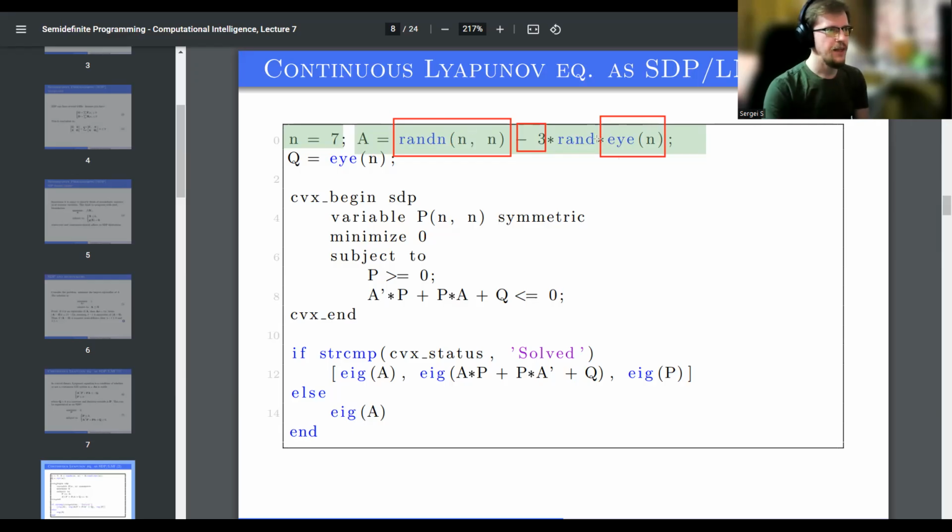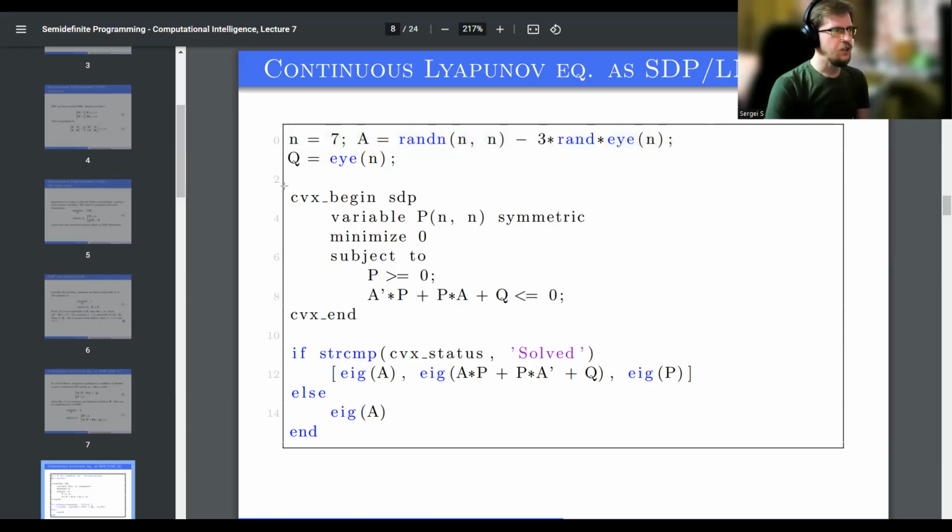And this randomness would make sure that sometimes this coefficient is so small that this matrix will dominate. So this is how I construct matrices which are mostly stable, but sometimes unstable. That's definitely not something you need to copy from me. It's just one way to do it.